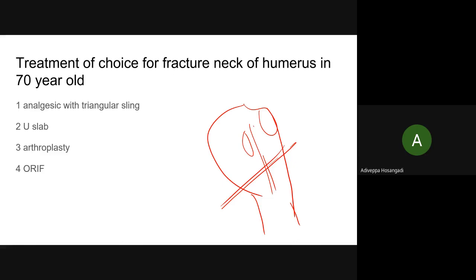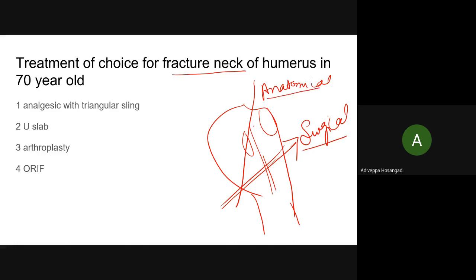The proximal humerus has 2 necks. Please remember this. This is the anatomical neck and this is the surgical neck. There is one more called the embryological neck; we'll not get into that. Please remember anatomical neck or surgical neck. So whenever they ask about fracture neck of humerus in a 70-year-old, they mean surgical neck.